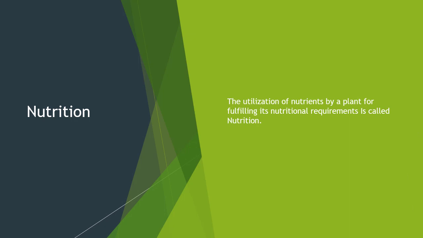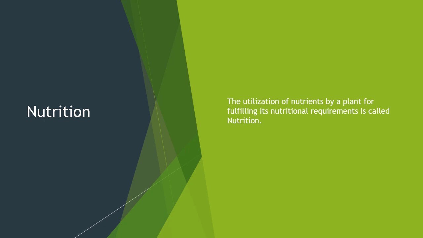So now in this slide we are going to talk about nutrition. Now as we all know that everyone needs food and plants also need food. So the food which the plant takes has nutrients, and it helps in fulfilling its nutritional requirements.